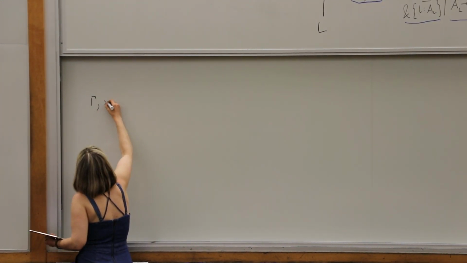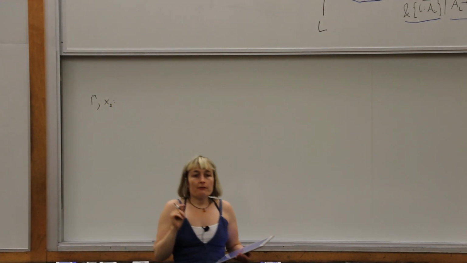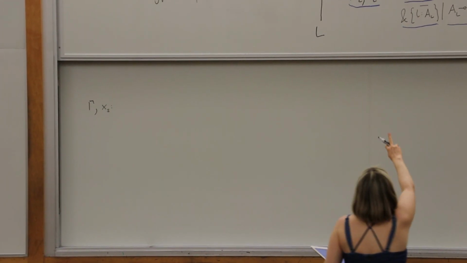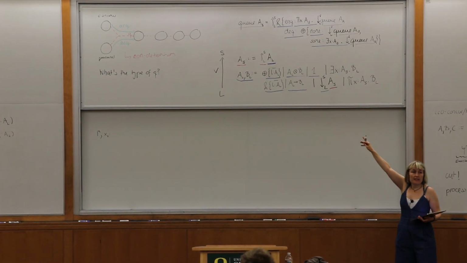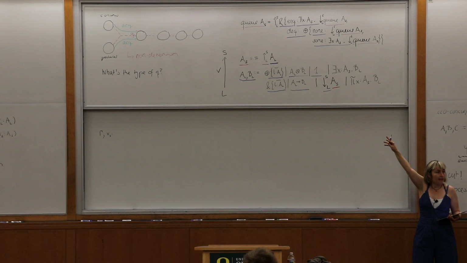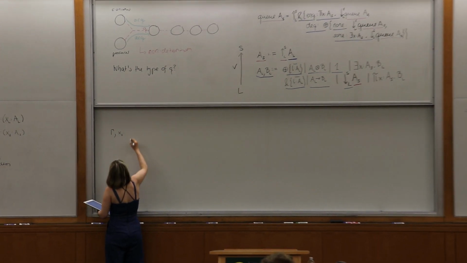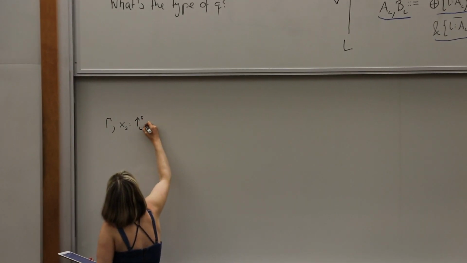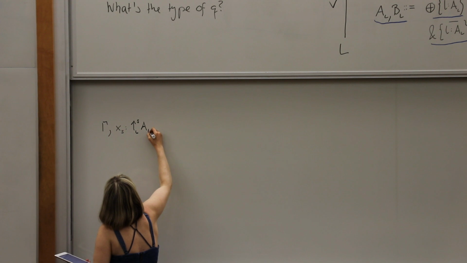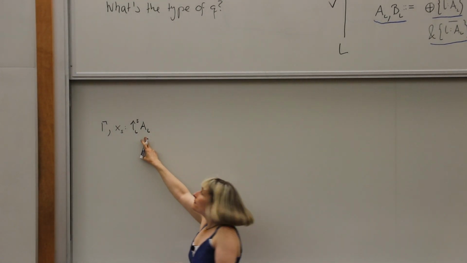So along X sub S, we have an offer of a shared session type. What's a shared session type? The only shared session type we have is of up arrow something. So that means this X sub S has to be of up arrow that takes L to S of a linear session of type A sub L.